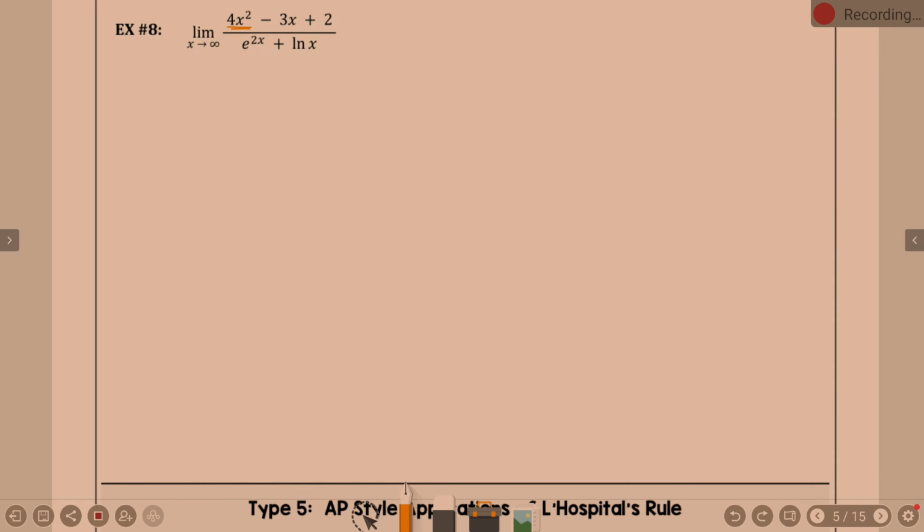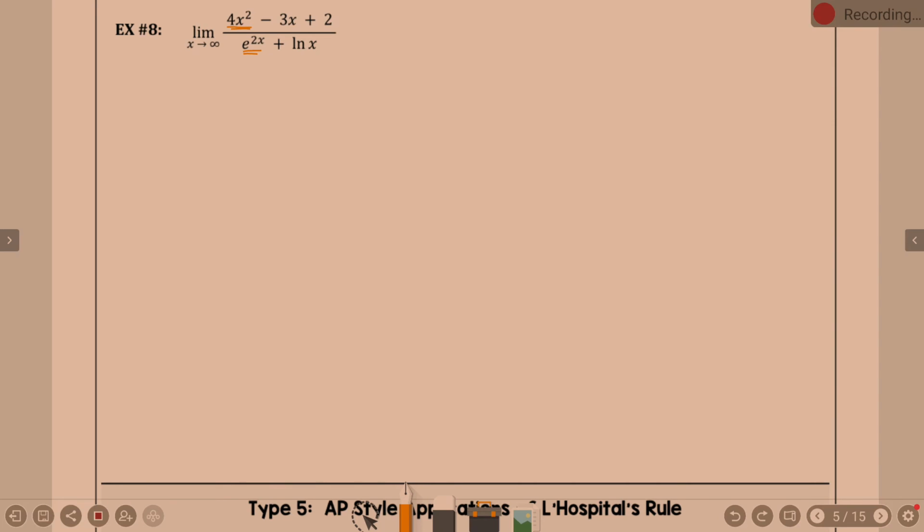Now, as we look here, e to the 2x is the more dominant, it has more of a rank than natural log of x because it goes up steeper. So you can compare those, and see which one goes up quicker.